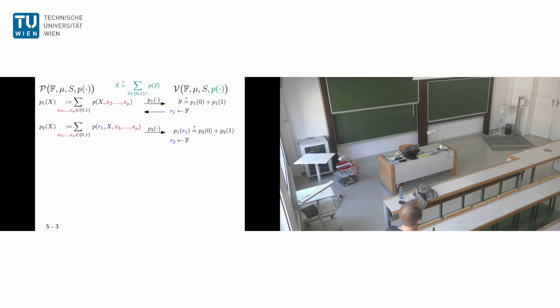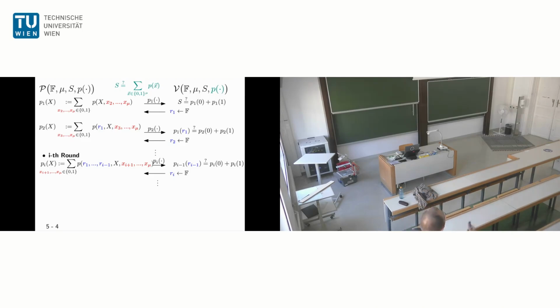It's not so easy to articulate in words what's happening here in math symbols. But we have this polynomial, and if we evaluate it at point 0 and point 1 and sum them together, we're going to get this thing here if we fix the first randomness. Does this make sense? Can you still follow? Are you still here? Okay.